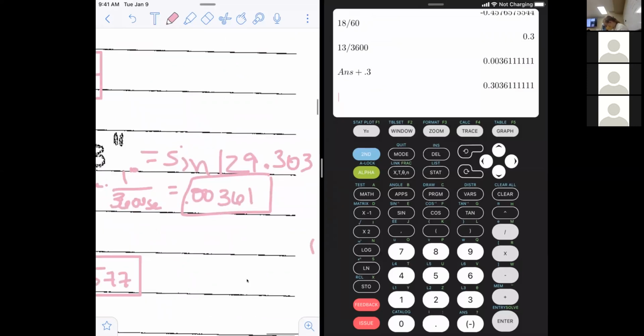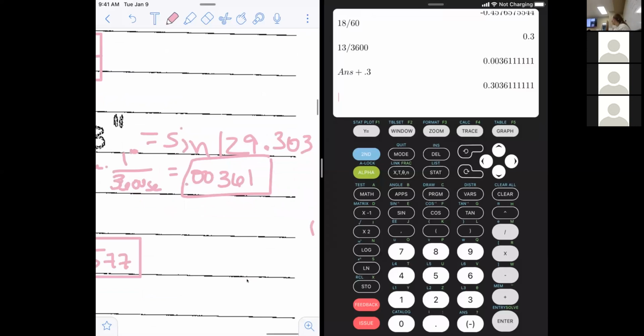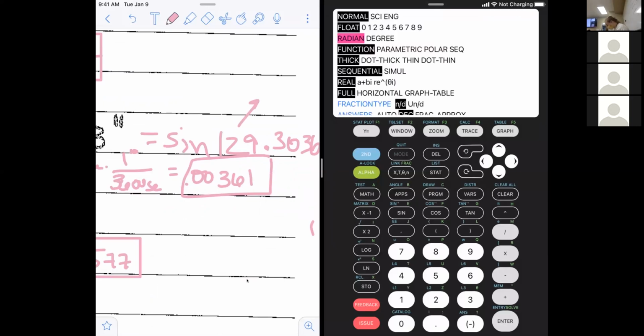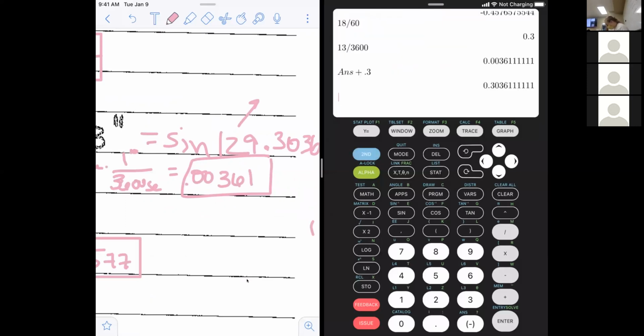A little crunch there at the end. Don't forget to make sure you're in degrees. So before I do anything, I'm going to go make sure I'm in degrees. Unless, of course, you're converting a second time. And now I'm going to just press sine of 129.3036. And I get 0.7738.